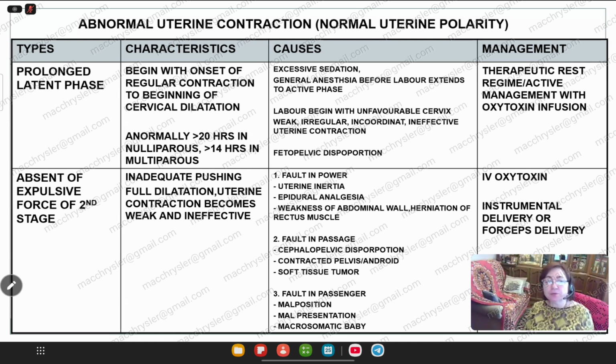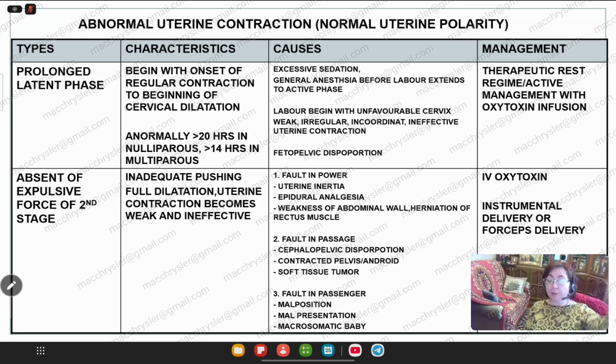For example, as I told you, prolonged latent phase can be caused by excessive sedation. On the one hand, if we have a prolonged latent phase, we can give the patient pharmacological rest. This patient needs it, because she has false labor, in other words ineffective, non-productive contractions, and the mother is tired from that. She does not sleep. She needs good rest, and after that it is quite common that adequate contractions restore spontaneously.